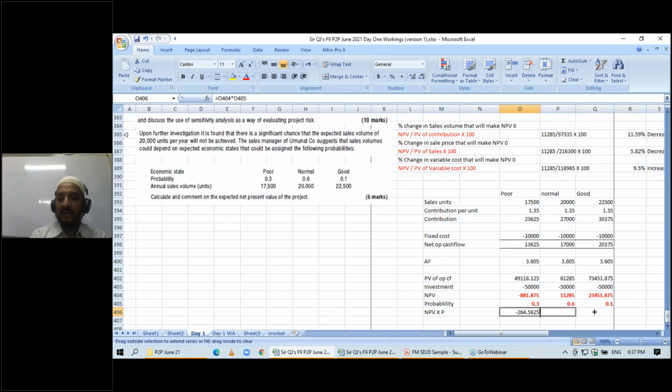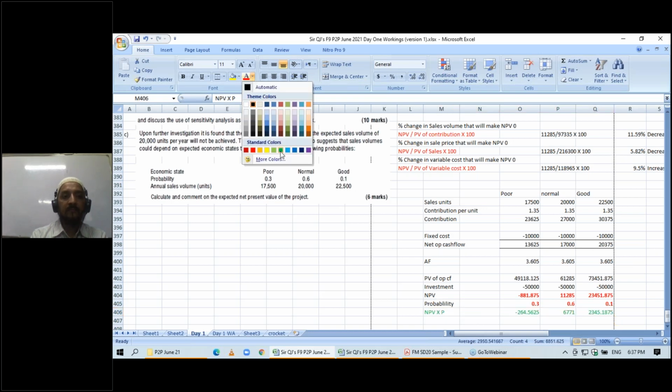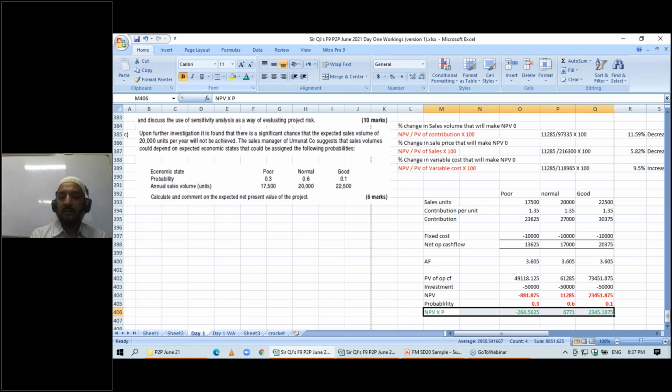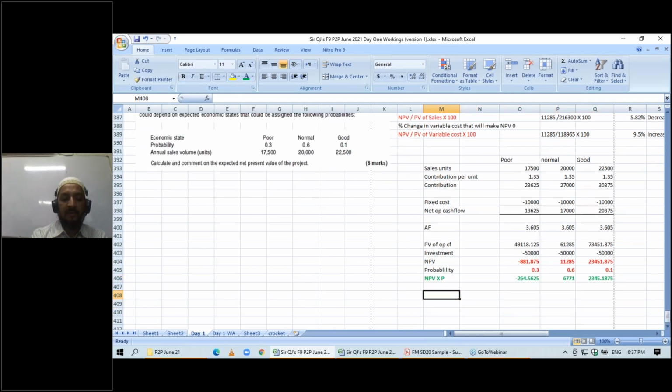So you will get the figures in green. You have to add the figures in green. Please add the figures appearing in green to arrive at the expected value, expected NPV. So if you have various possibilities, first calculate NPVs at various possibilities.